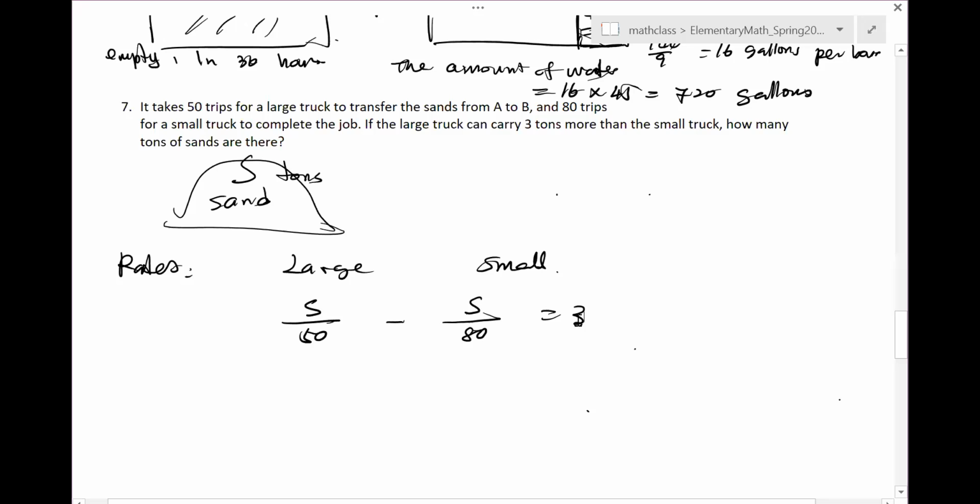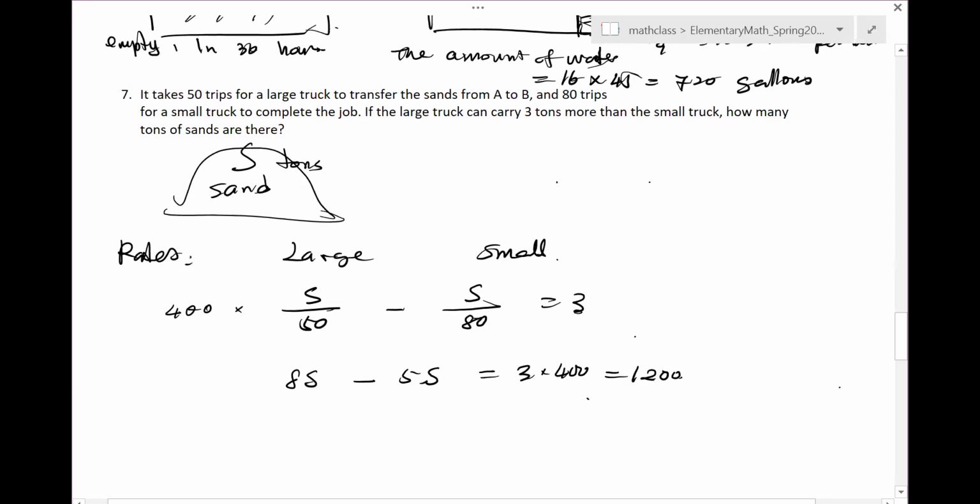All right, let's combine them. Now you can solve this equation by just adding 1 over 50 or subtracting 1 over 80. But you can also multiply each term by 400, for example. Then you will get 8S and 5S, and 3 times 400 is going to be 1,200.